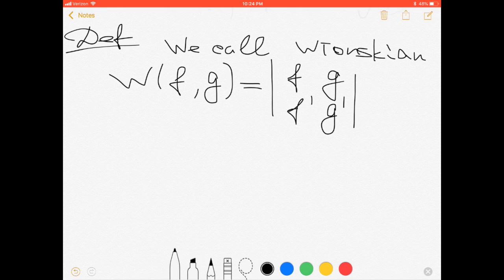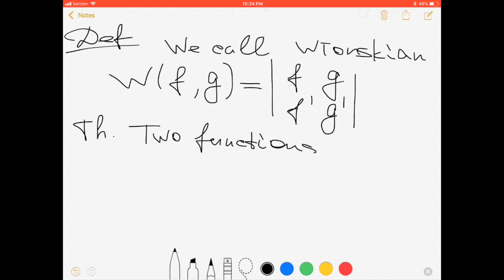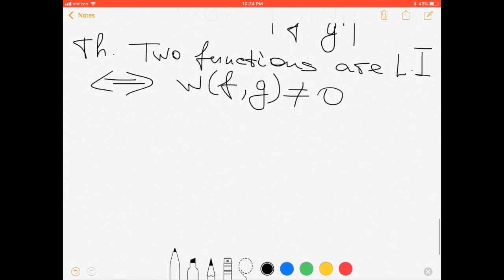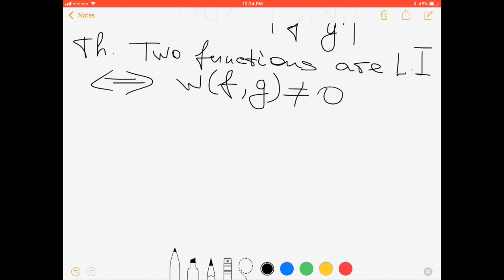And here we have some theorem. Two functions are linearly independent if and only if the Wronskian of the two functions is non-zero, or linearly dependent if the Wronskian is 0.